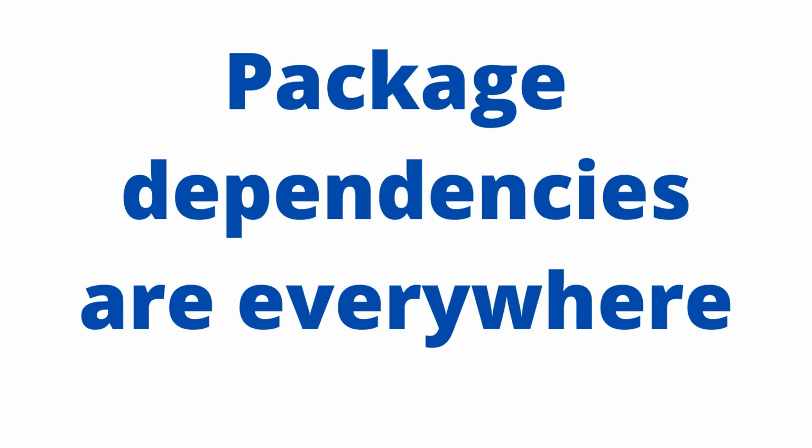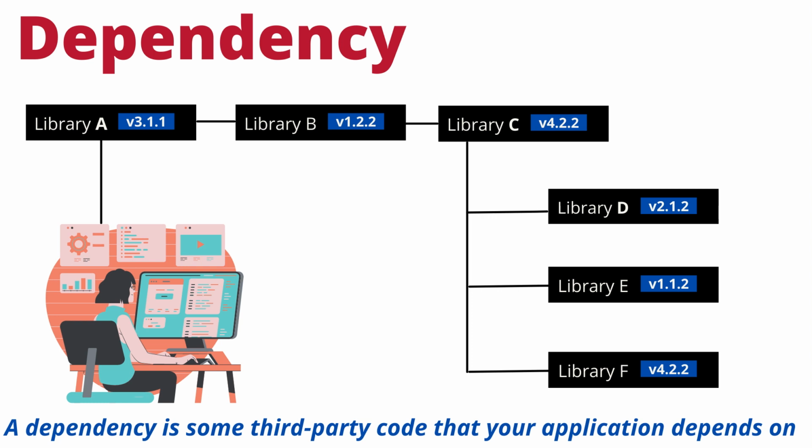Every project that you work on will have some dependency on other libraries or packages. So here we have two terms that are important to understand: what is a dependency and what do you mean by package. So dependency, as the name suggests, is some third party code that your application depends on.